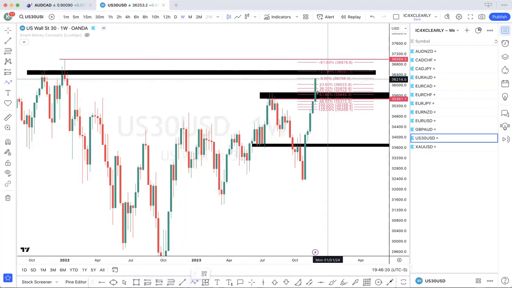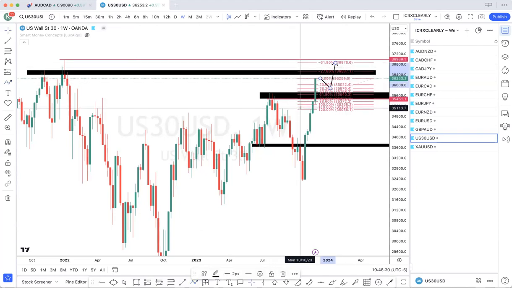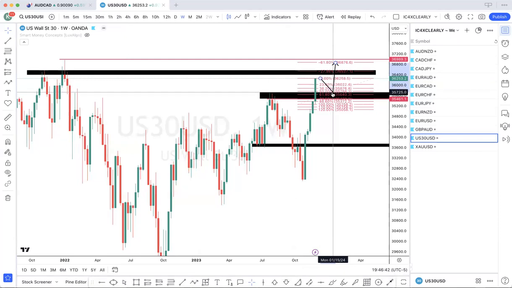Okay, so that being said, if it pulls back to 38.2, then I would be looking to take US 30 to negative 61.8. And if it pulls back even further, I will be at least taking it to the negative 27, watch to see what happens.